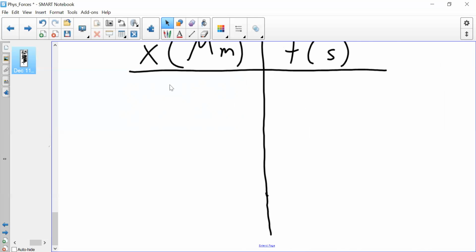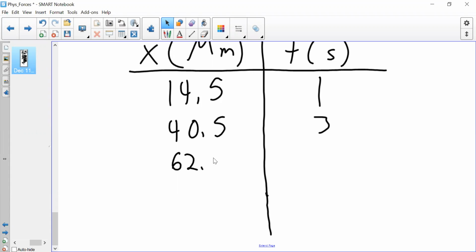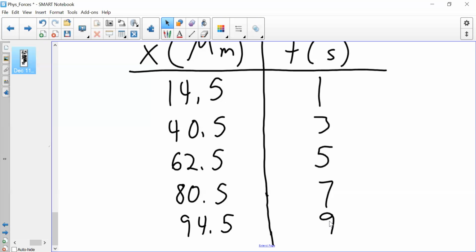So our first position was 14.5 at 1 second. My second position at 3 seconds, 40.5 megameters. 62.5 at 5 seconds. 80.5 at 7. 94.5 at 9.